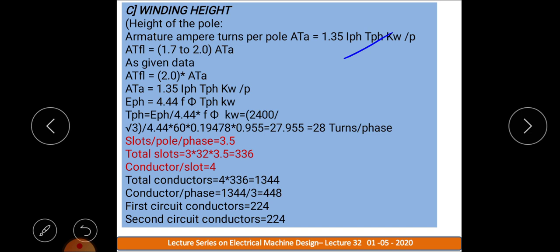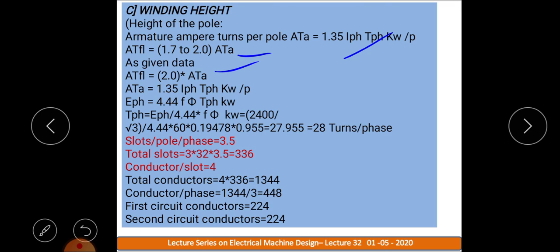Now for the field ampere turns, it should be taken as 1.7 to 2. The range is always higher than the armature ampere turns. So as per this concept, in the problem statement it is given that field ampere turns is greater than 2 times that of armature ampere turns.